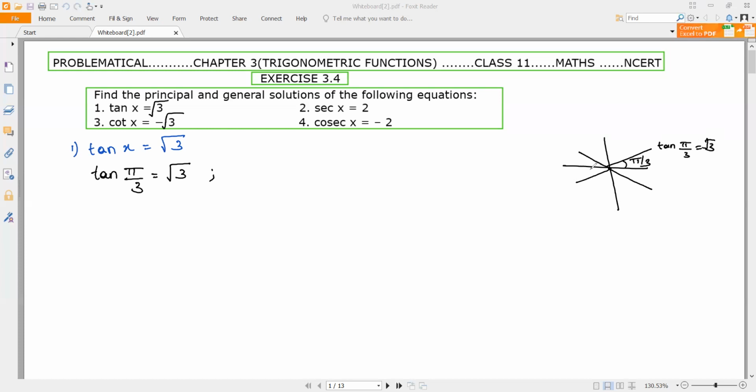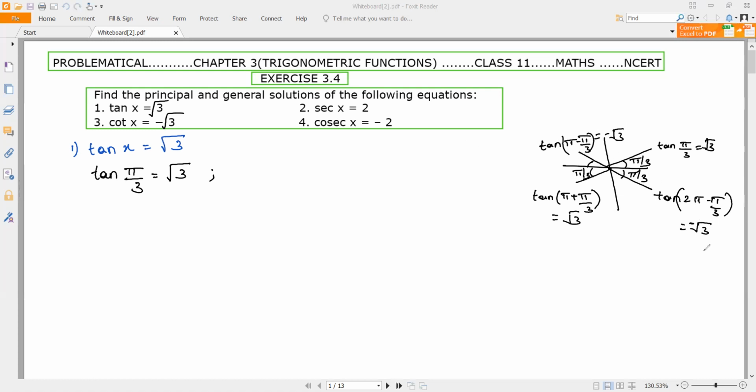Tan is positive in the third quadrant. So this is tan of pi plus pi by 3. This value will also be equal to root 3, positive. This will be tan of pi minus pi by 3, which will be equal to minus root 3. And tan of 2 pi minus pi by 3 will be equal to minus root 3.